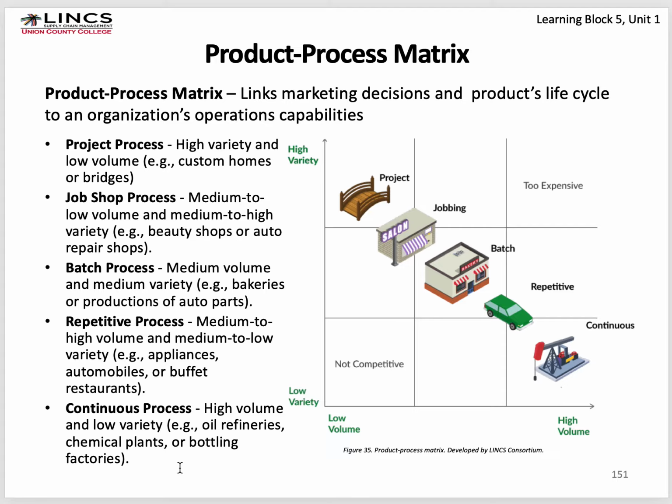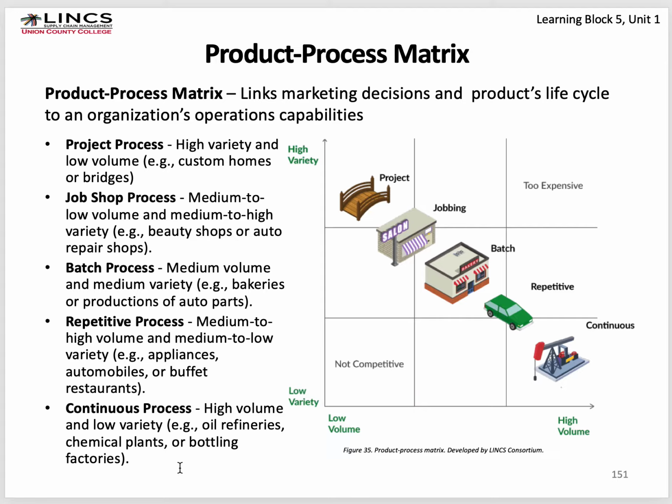So if the marketing and product development people design a product that's beyond the capability of your current machinery to produce at the specifications they want, and we're talking about tolerances, how tight the fits have to be, how precise the cooking has to be, how precise the measurement of ingredients has to be. If it's beyond your current capability, you may have to invest in new machinery to do that. That could be very costly.